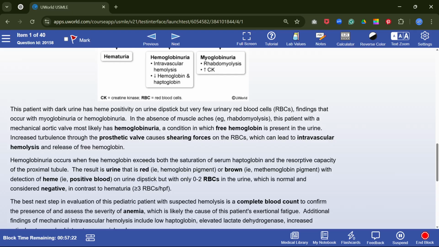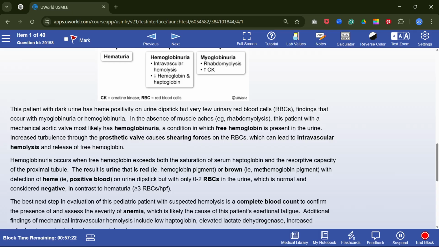Increased turbulence through the prosthetic valve can cause shearing of RBC, which can cause intravascular hemolysis and release of free hemoglobin. Hemoglobinuria occurs when free hemoglobin exceeds both the saturation of the serum haptoglobin and the resorptive capacity of the proximal tubule.